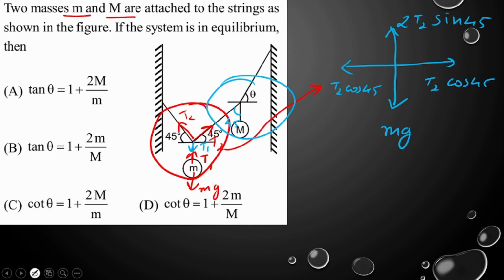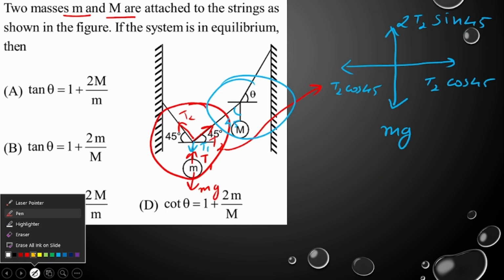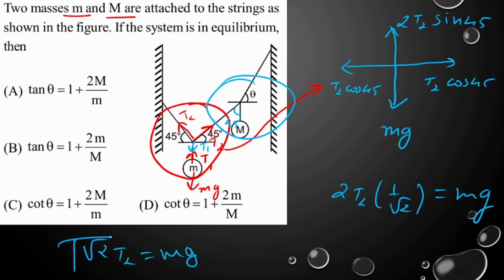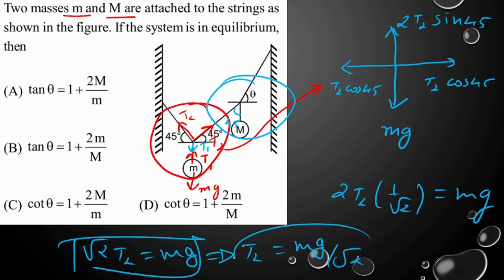So here we get tan theta, and from here we can write 2 T2 times 1 upon root 2 equals mg. So 2 and 2 will go, so root 2 T2 is equal to mg. So instead of T2 we will write mg upon root 2.